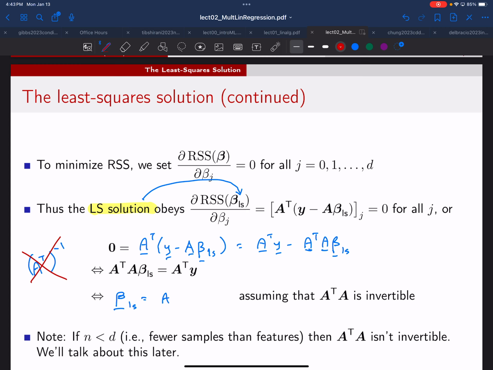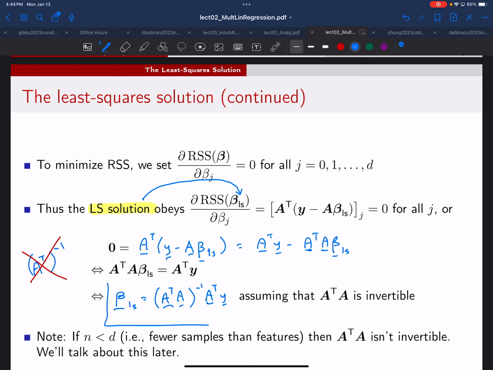So what else could we do? A transpose A's inverse. Yes, exactly. We can invert A transpose A and multiply it by both sides of our equation.